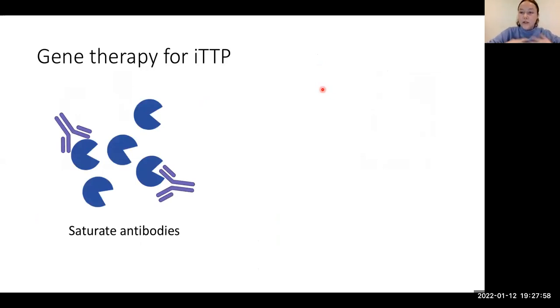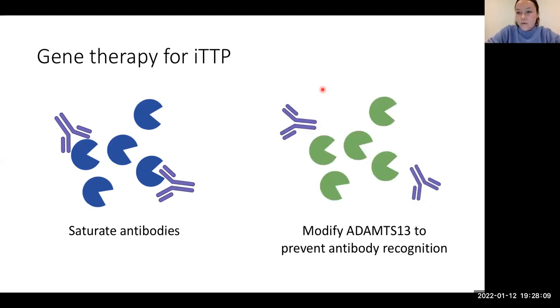Either you produce enough of the protein that you saturate, so you outcompete the antibodies within the patient, or an alternative is that you slightly modify the ADAMTS13 protein so that the antibodies can no longer recognize it. Then you don't get this response from the patient's own immune system against the protein. Down the line, we would need to explore both and see which is the best strategy moving forward.